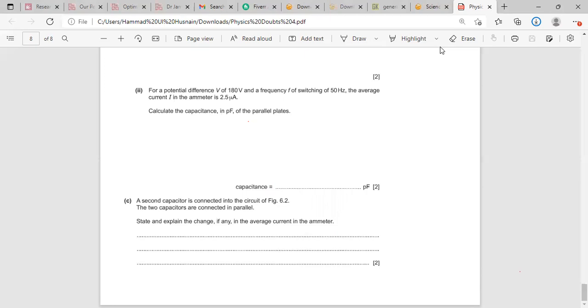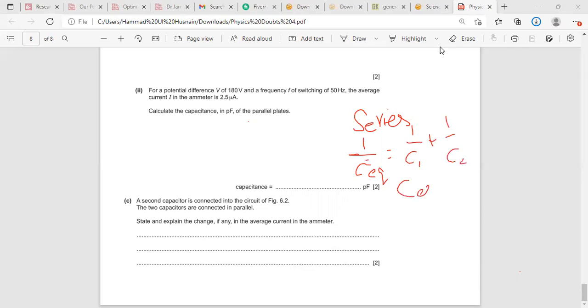So you need to remember the formula of equivalent capacitor both in case of series and parallel combination. In case of series combination, 1 by C equivalent will be equal to 1 by C1 plus 1 by C2. So C equivalent will be less than both C1 and C2, right?